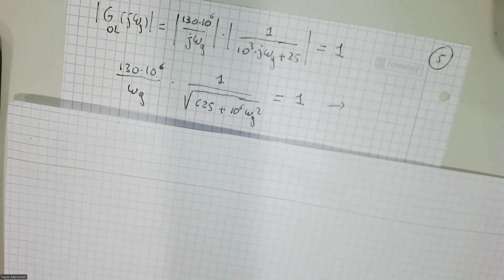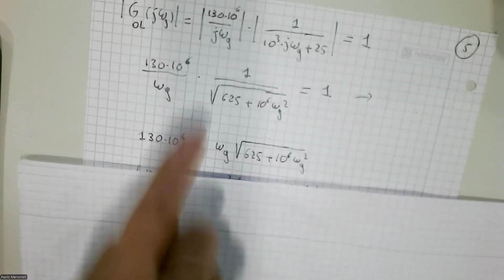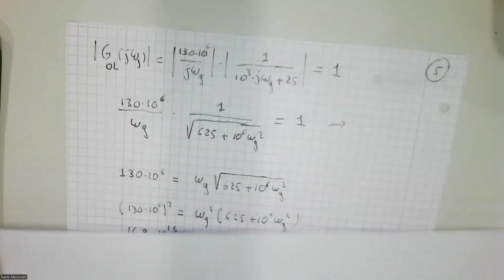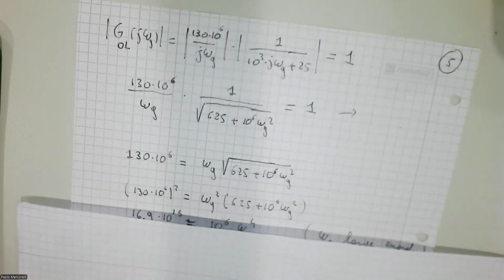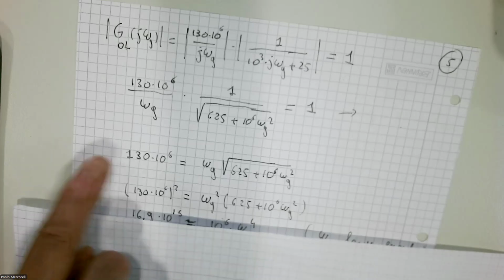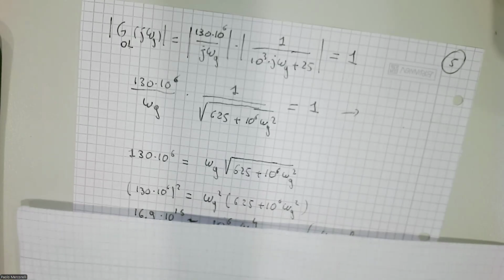Now, to calculate omega g, if you have a calculator, you can do it directly. You can calculate it probably if you have a calculator which you can program. But if you don't, it's not so difficult, because you can write it in this form. Then if you square this part and this part here, you have this equation, which is a polynomial equation of order 4.